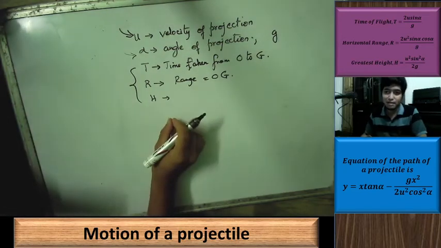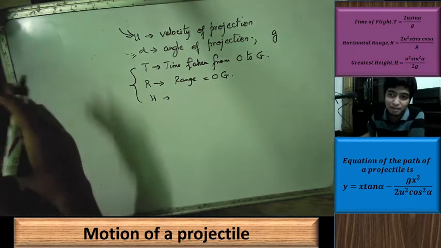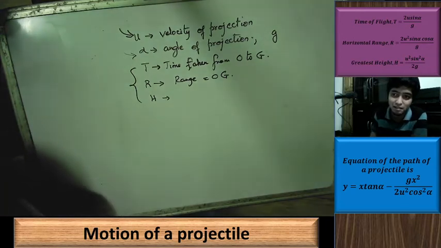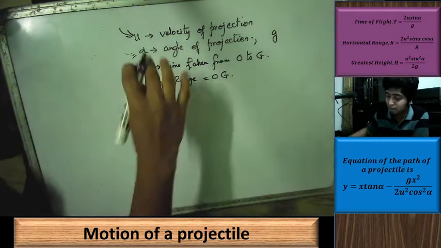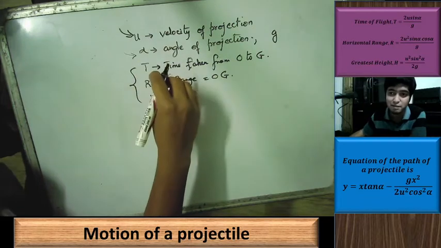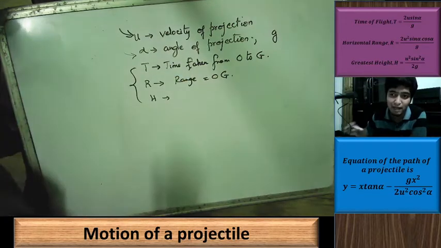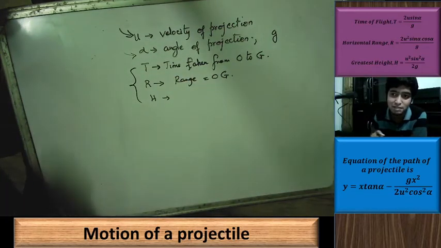Why am I saying you have to keep the direction of the velocity in check? Because when deriving these expressions, you will have to use the three basic equations of motion.